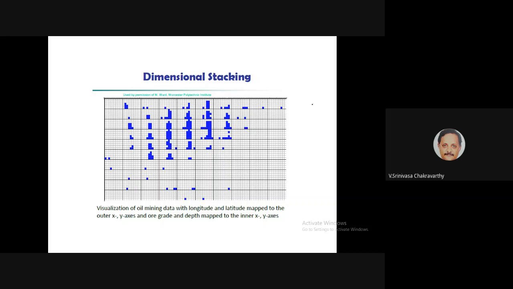There is an outer grid, shown by this, where each of these is one unit, and within each of these boxes there's again a smaller grid. The outer grid indicates the latitude and longitude, and the quality of ore grade and ore depth is shown inside the inner grid.